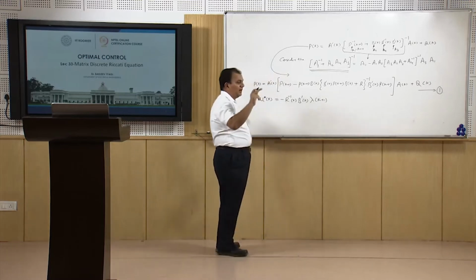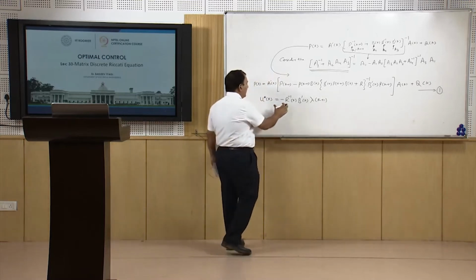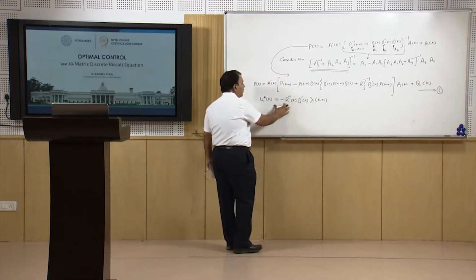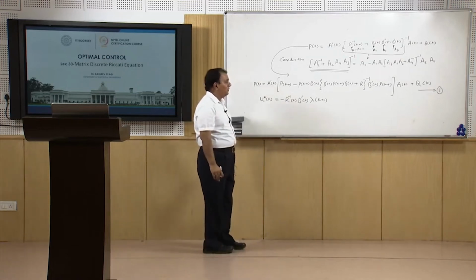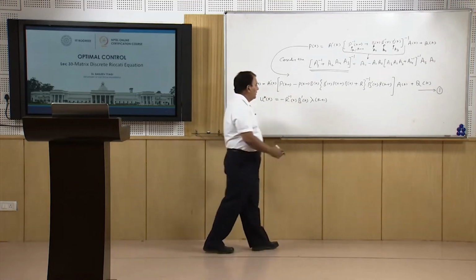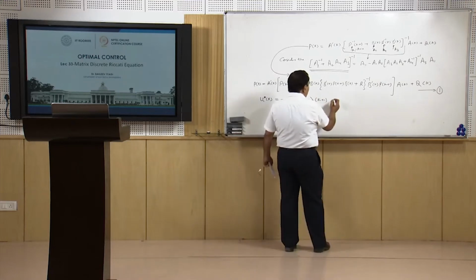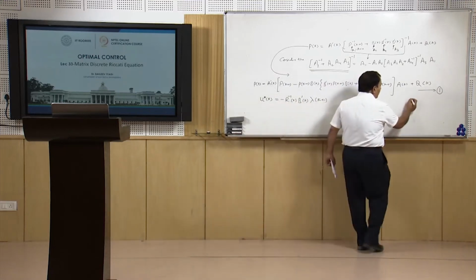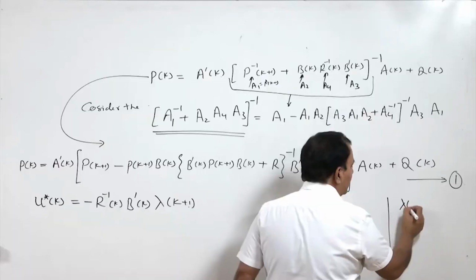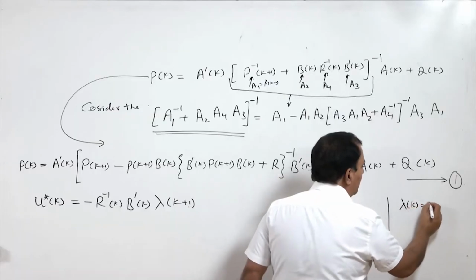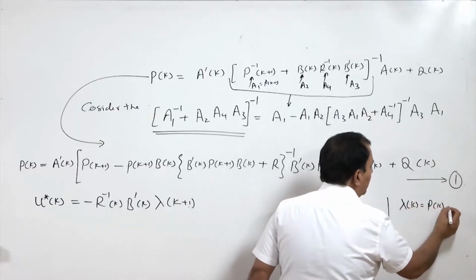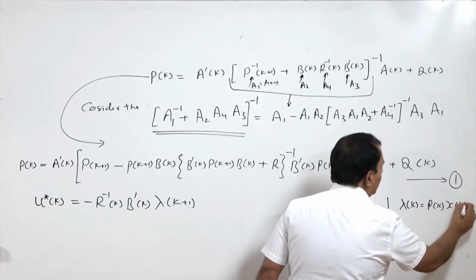If I take ∂H/∂u equal to 0, then I will get the value of my optimal control as minus R inverse B prime λ(k+1). We have considered λ(k) equal to P(k) x(k).